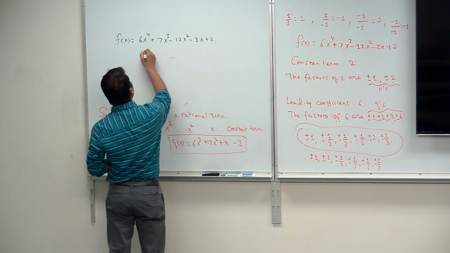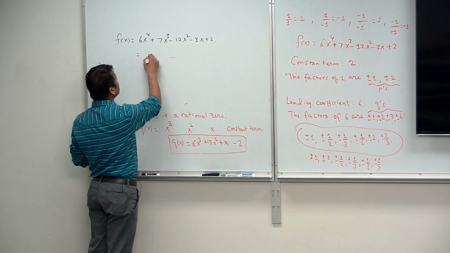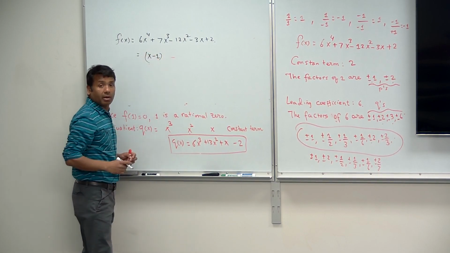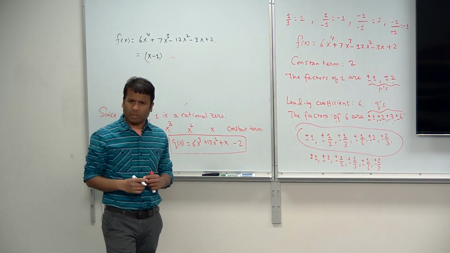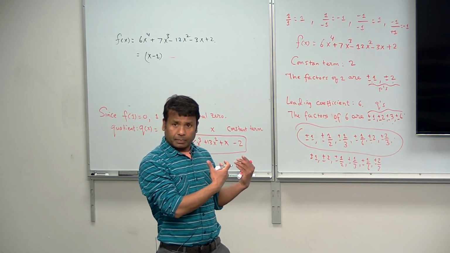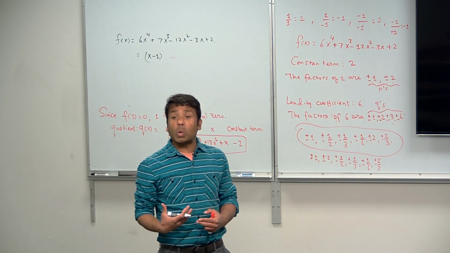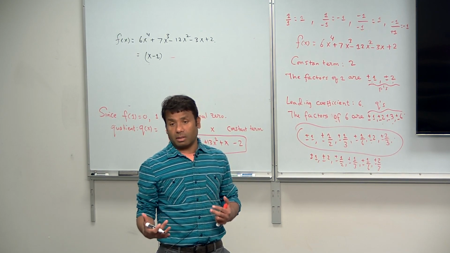So dividend equal to divisor times quotient plus remainder. Divisor is x minus 1. Is that right? Because 1 is a 0 of f(x). You guys know that, right? x minus 1 is a divisor. We did that, right?